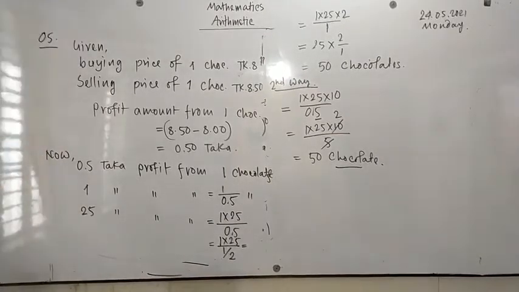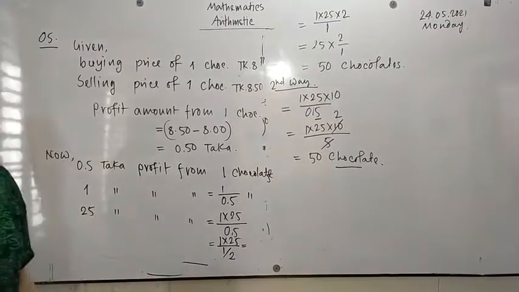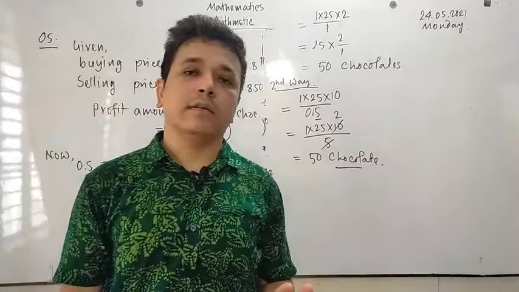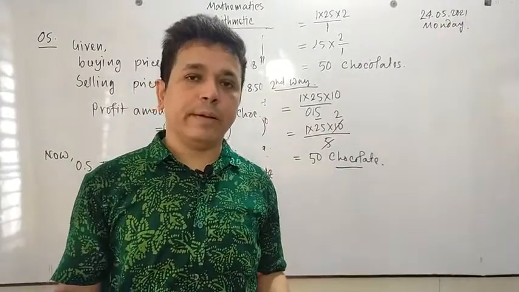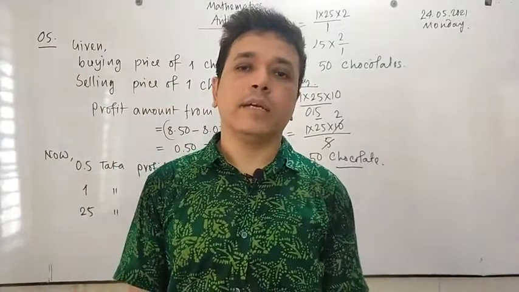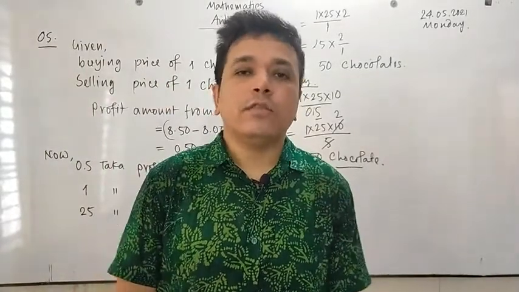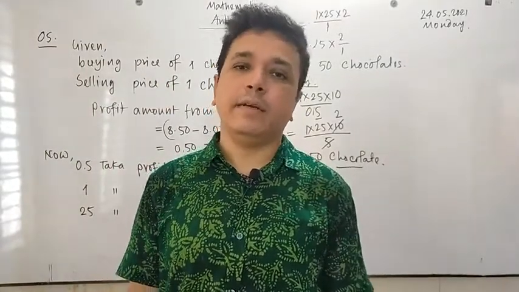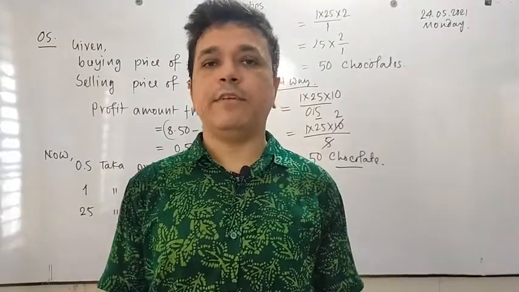Okay, 125 taka is the buying price. Look at this, it is very simple, very easy. So the shopkeeper bought this cloth at 125 taka per meter and sold it at 150 taka per meter.